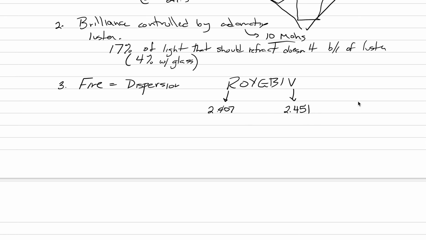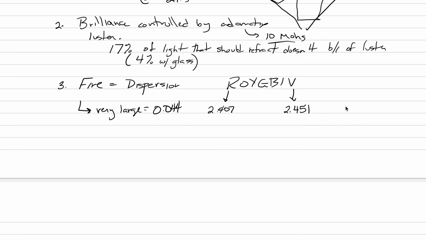The spread here is very big, and that is what our dispersion is. So the dispersion is the difference in refractive index between red and violet. We just subtract those two numbers from one another, and we get 0.044. It's one of the highest of any of the minerals.